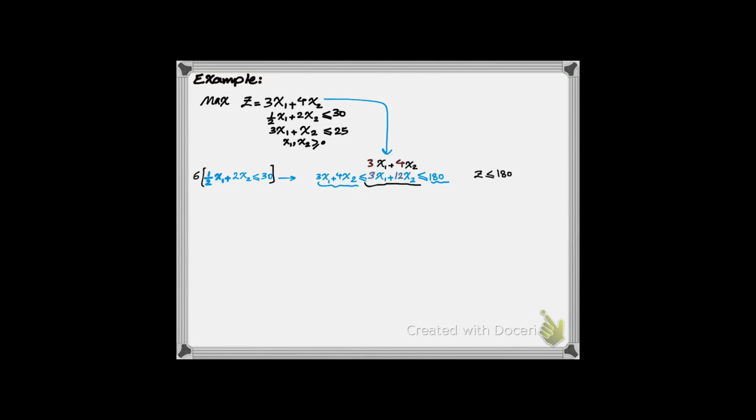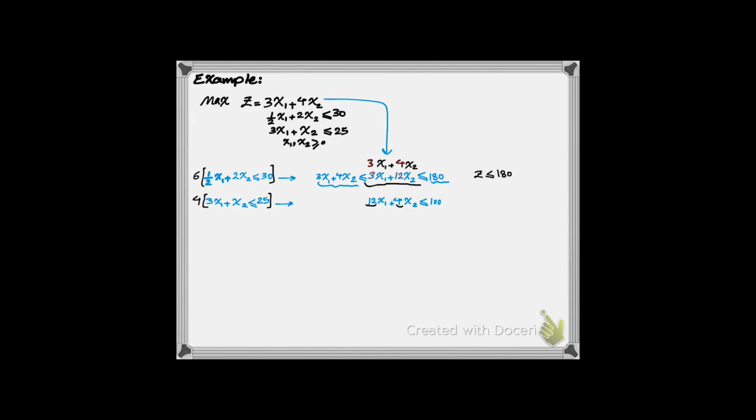Now let's do a similar exercise with the second constraint of the problem. I'm going to take the second constraint and multiply it by 4 on both sides. If I do that, the new constraint is going to be 12x1 plus 4x2 less than or equal to 100. Now compare the coefficients of x1 and x2 here with the coefficients of x1 and x2 in the objective function.